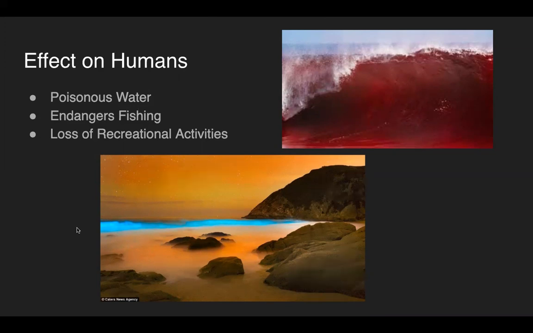So that whole red tide you see there is full of those dinoflagellates. And at night, it becomes bioluminescent also at the bottom, that blue portion. But yeah, very toxic. Don't go in there.